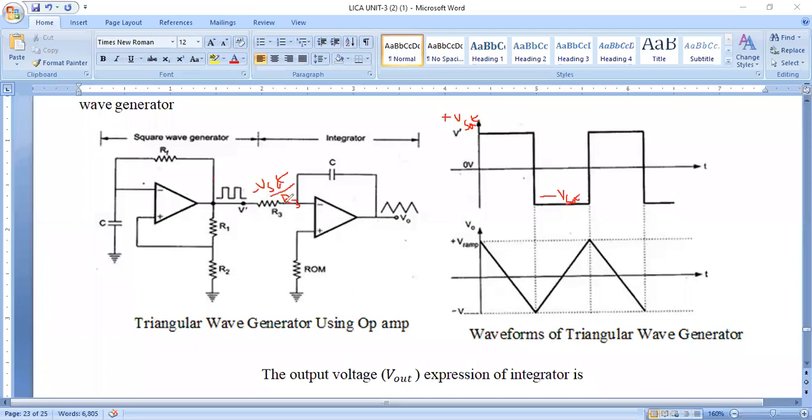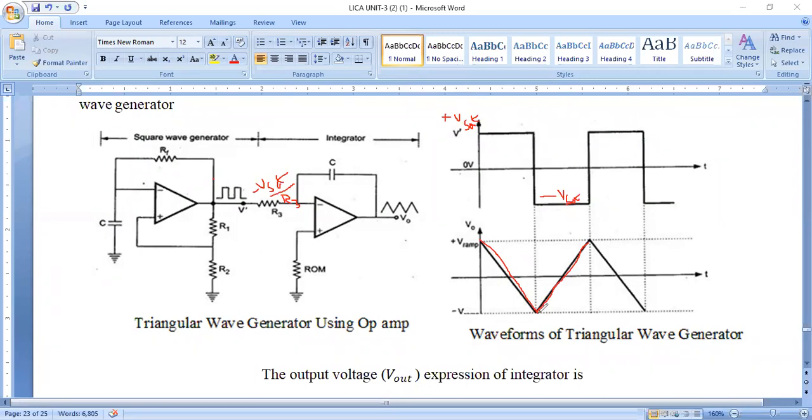That drives the output voltage from the lower value to the higher value. That means the amplitude of the triangular wave decreases with an increase in frequency. Whenever the frequency is increasing, the amplitude of the triangular wave is decreasing.